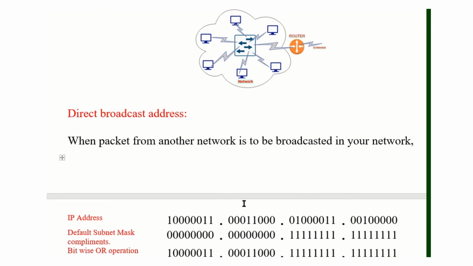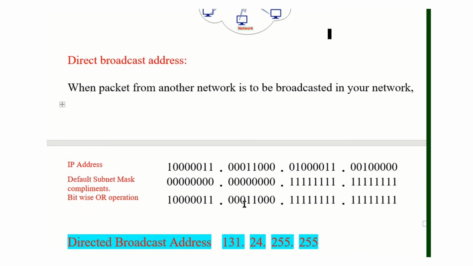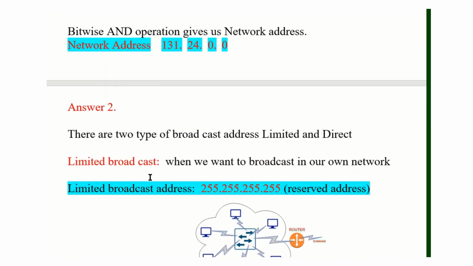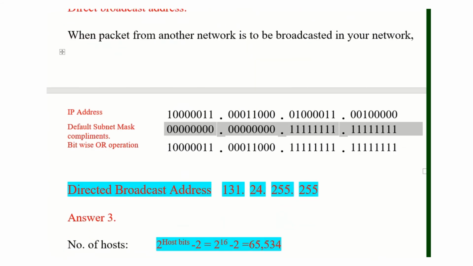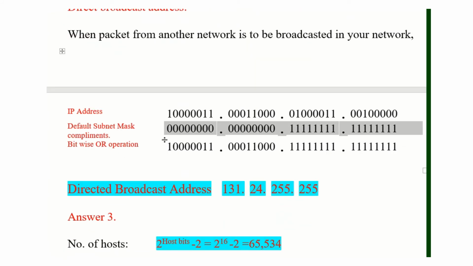Whenever we want to find the direct broadcast address, the formula is, first of all, find the complement of the subnet mask. Our subnet mask was 8 times 1, 8 times 1, 8 times 0, 8 times 0. Now if we find the complement of it, it comes out to be 8 times 0, 8 times 0, 8 times 1, 8 times 1, and perform a bitwise OR operation.